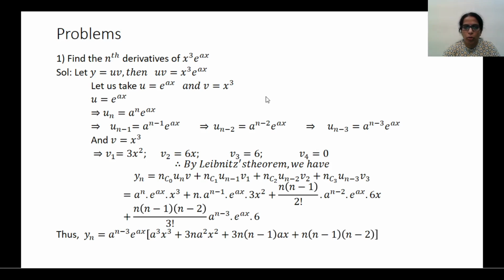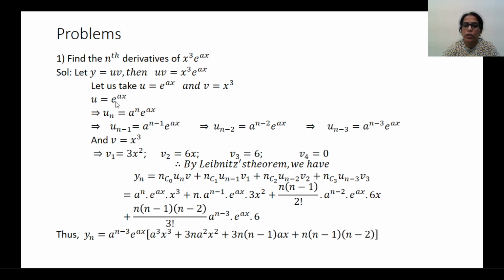We'll solve some problems by using Leibniz rule. Find the nth derivative of x cube e power ax. Okay. So, y equal to x cube e power ax, that is nothing but u into v. Let u equal to e power ax and v equal to x cube.